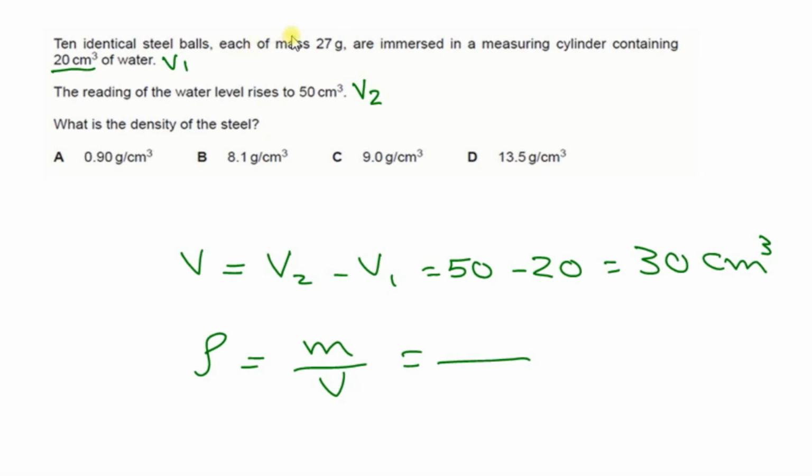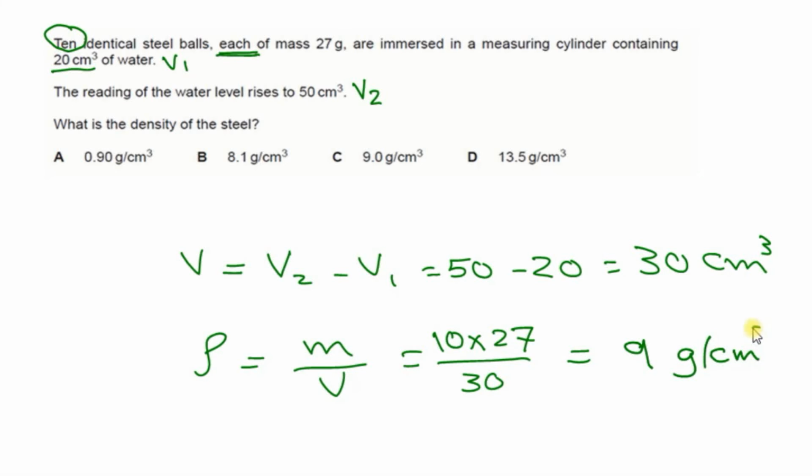Here we are given the mass of a single steel ball, each is 27 grams, but we have 10 of them. This means that the total mass is 10 times 27 divided by the volume, which is 30. So the density of the steel balls is 9 grams per cubic centimeter.